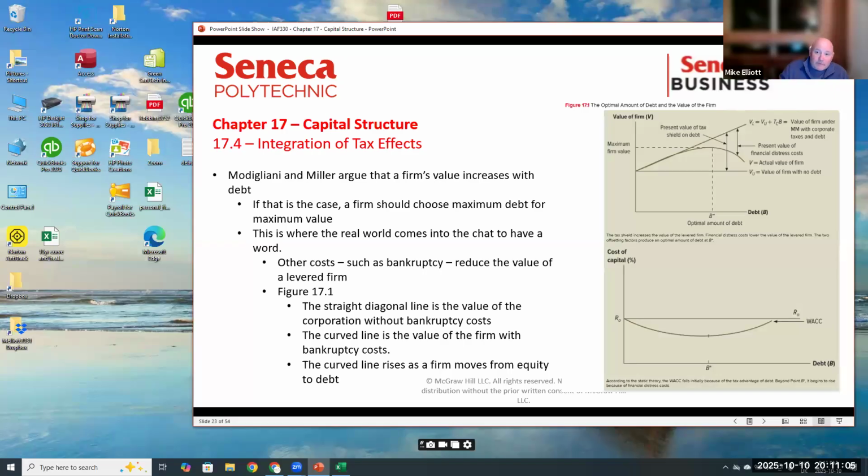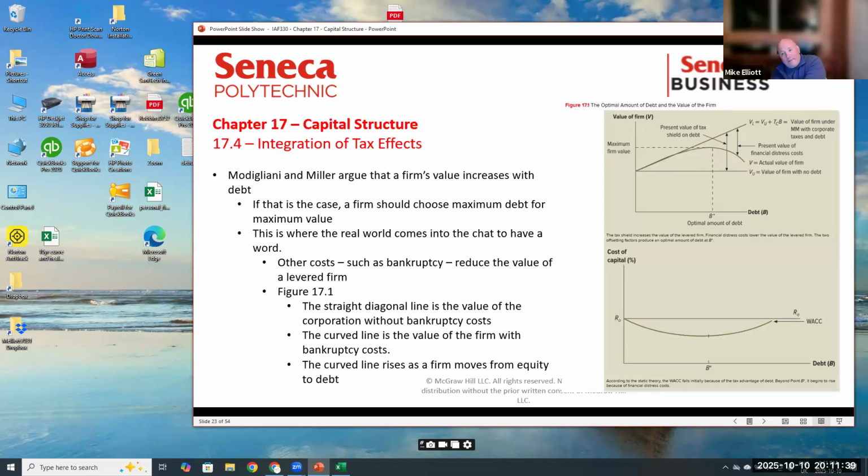If you want, we can flip that chart over and ask what our cost of capital looks like. There is a point where we have hit the ideal combination of equity and debt to maximize the value of the firm. And if we vary on either side of that, if we reduce our debt burden below our optimum amount of debt, then the present value of the tax shield is also going to be reduced.